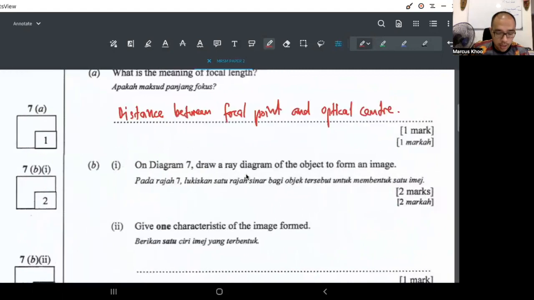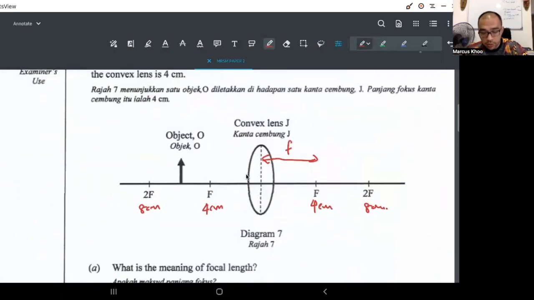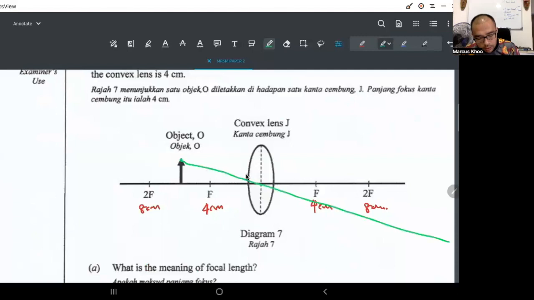If you've done enough of this, then you know it. The two most important lines are, the first one must travel from the top of the object directly to the center, so it will go like this with the two arrows.